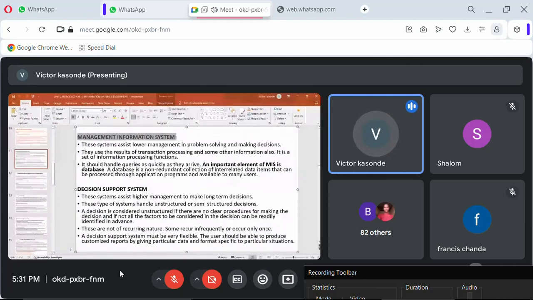Just looking at the number of transactions which occurred on that particular day, they can make decisions. If they look at the transactions, they find that they transacted so many transactions that day.